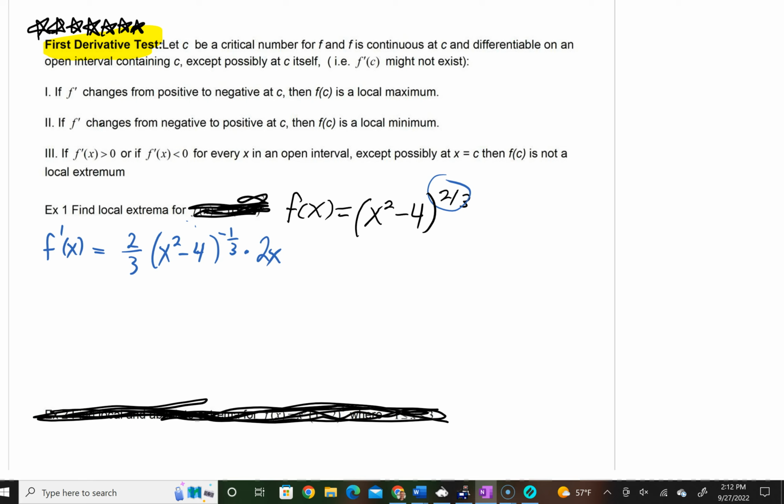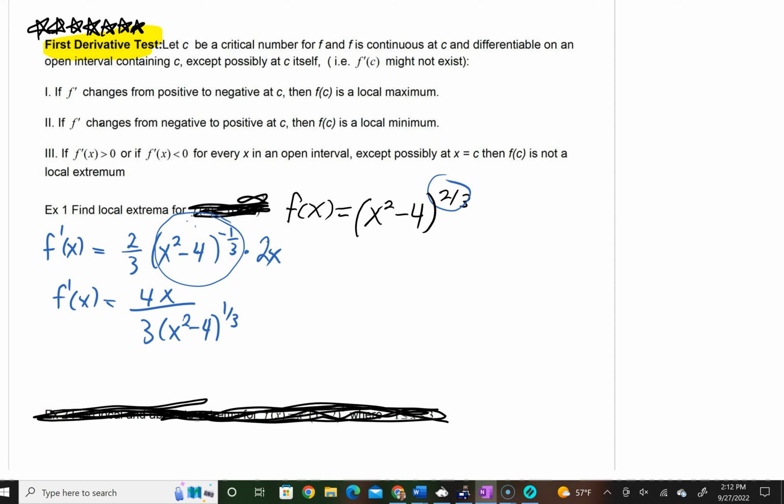All right, let's clean it up a little bit. We've got f prime of x, and this 2 gets multiplied with this 2. We'd have a 4. Down below we have a 3. I have an x up here, but this is a negative exponent, so I'm going to bring this down to the denominator and write it as a positive exponent.